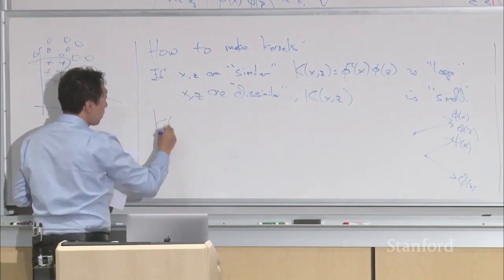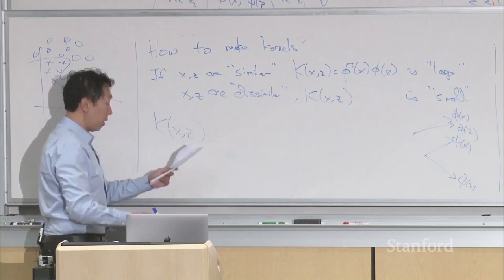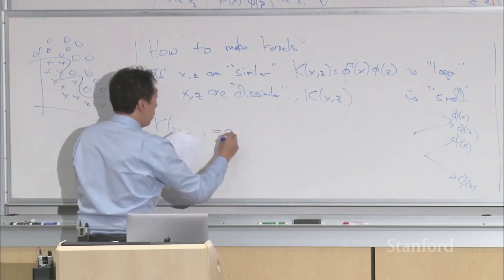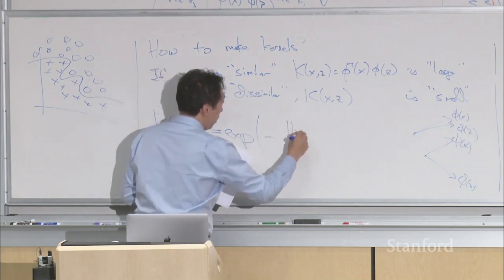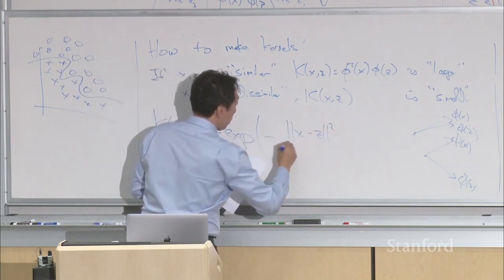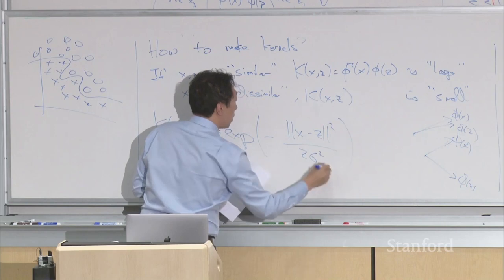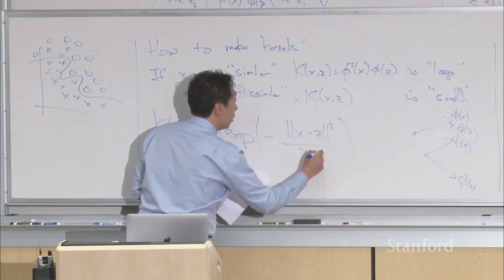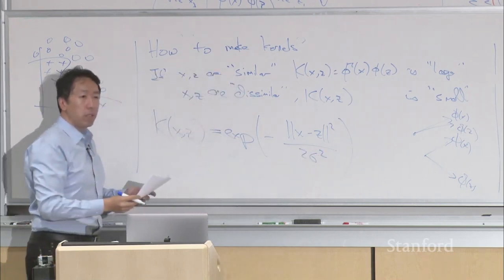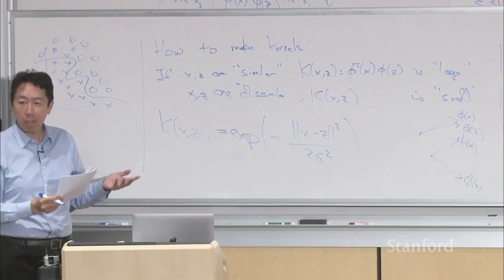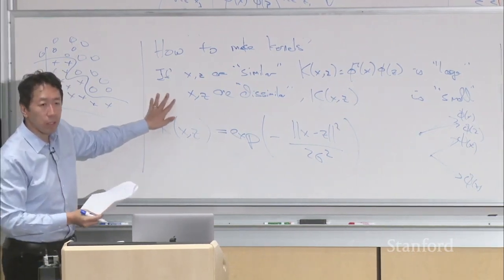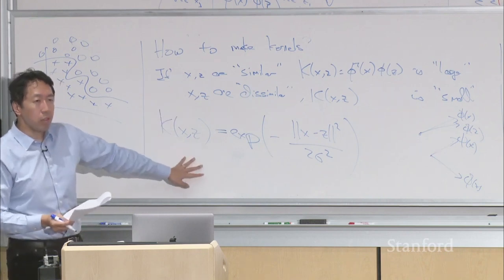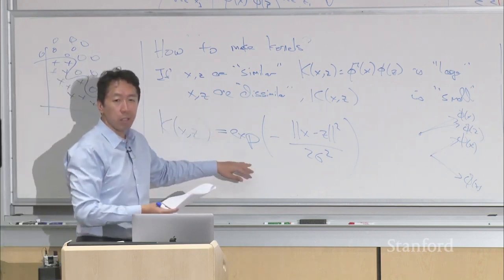And so, what if you just pull a function out of thin air, which is k of x,z equals e to the negative norm of x minus z squared over 2 sigma squared? So this is one example of a similarity. If you think of kernels as a similarity measure function, let's just make up another similarity measure function.